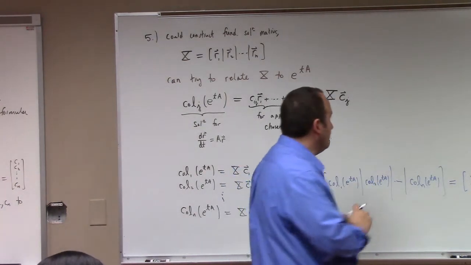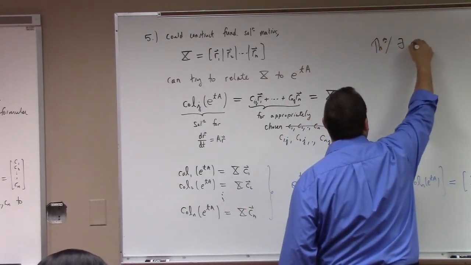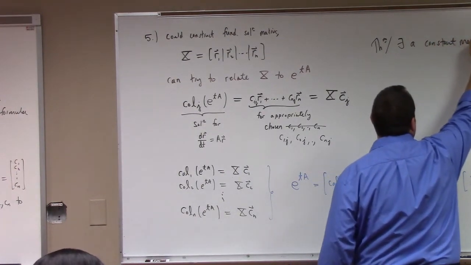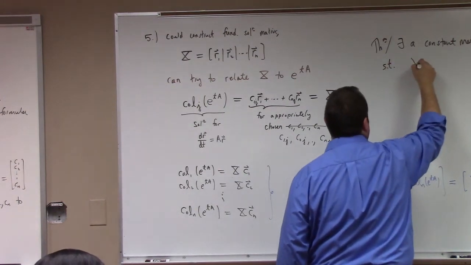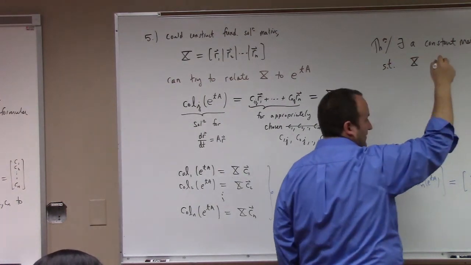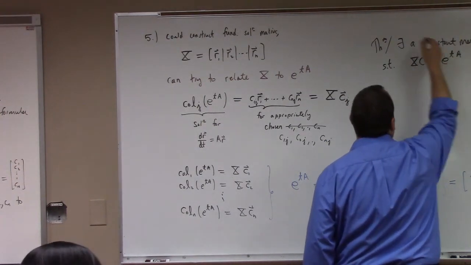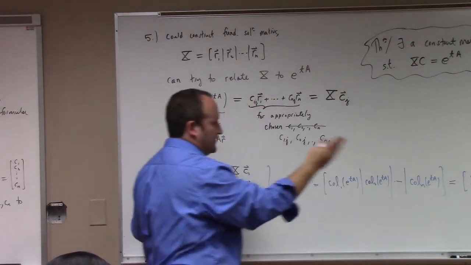So this is a theorem. There exists a constant matrix C, such that x times C is equal to the matrix exponential. That's what this calculation shows you.